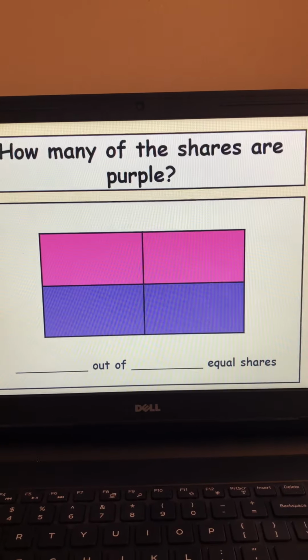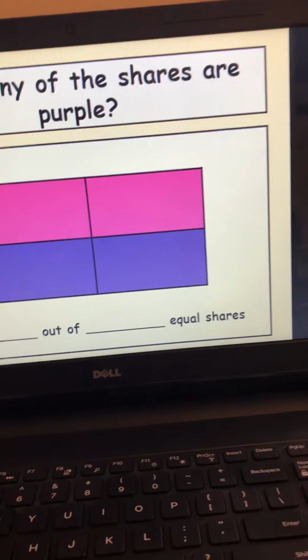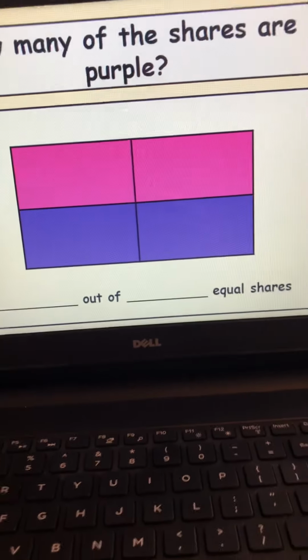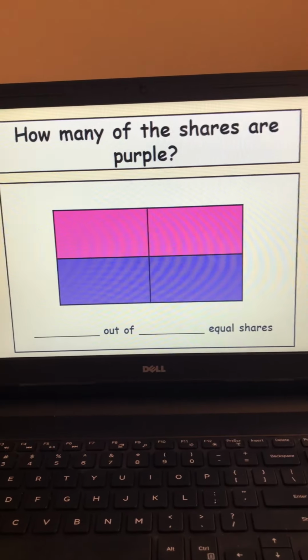How many shares are purple? So go ahead and get your Show Me app out. Blank out of blank equal shares are purple.